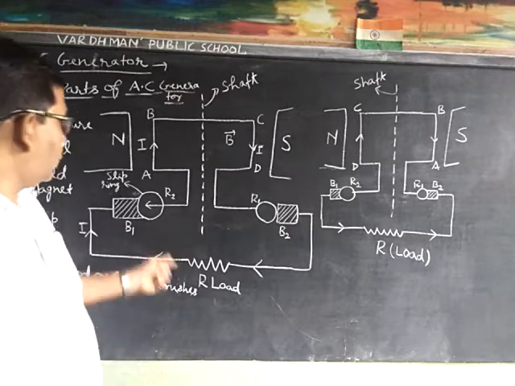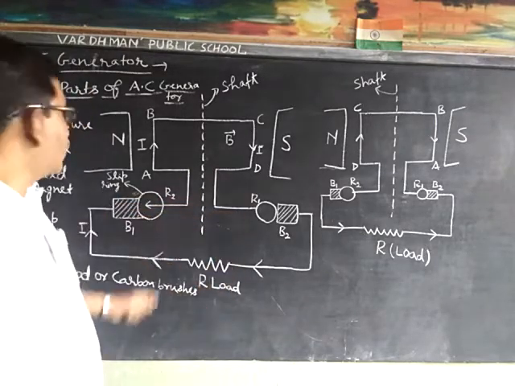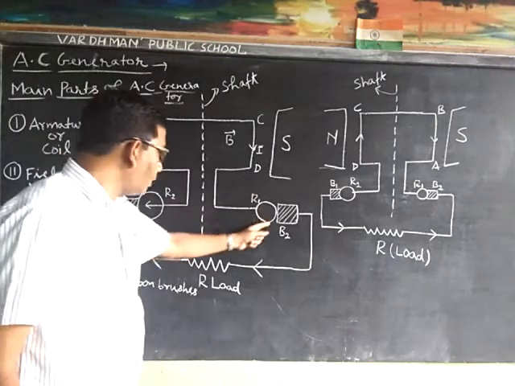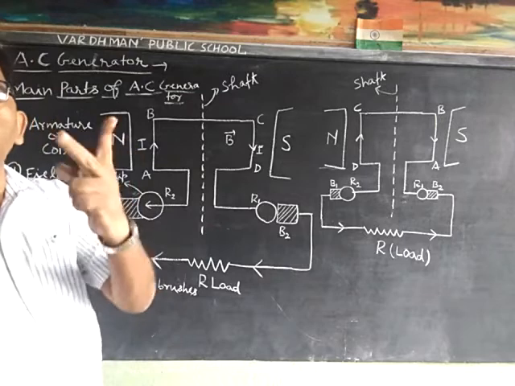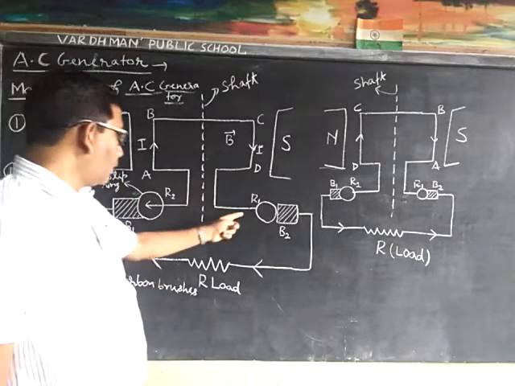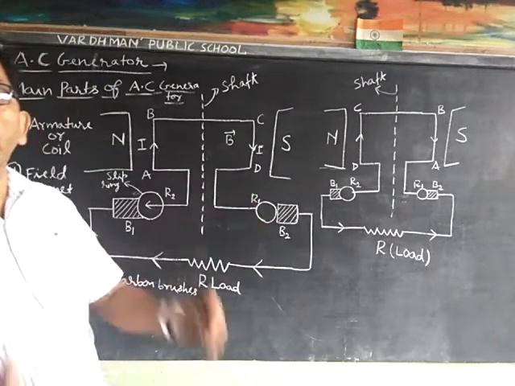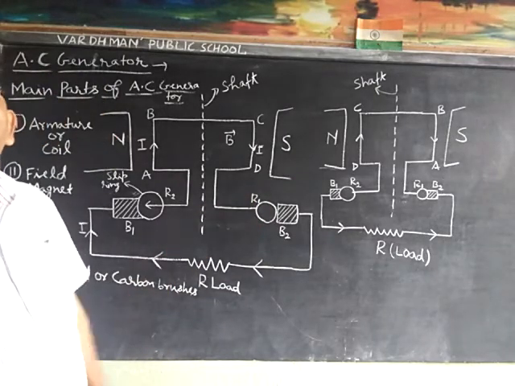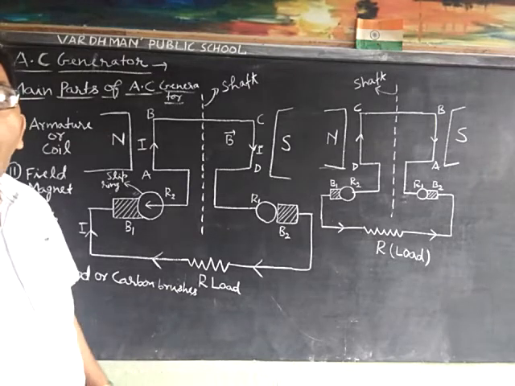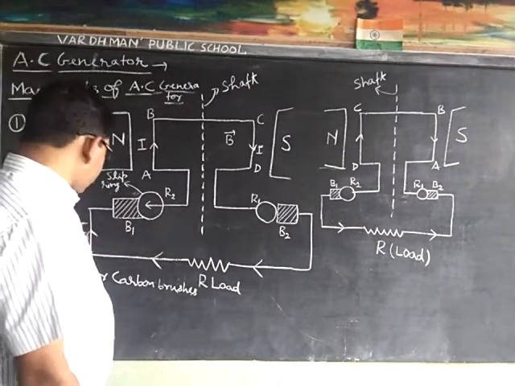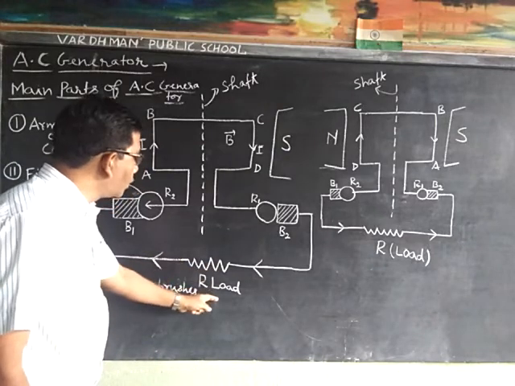They are placed in contact with the slip rings R1 and R2 and also connected to the output resistor, or load resistance.